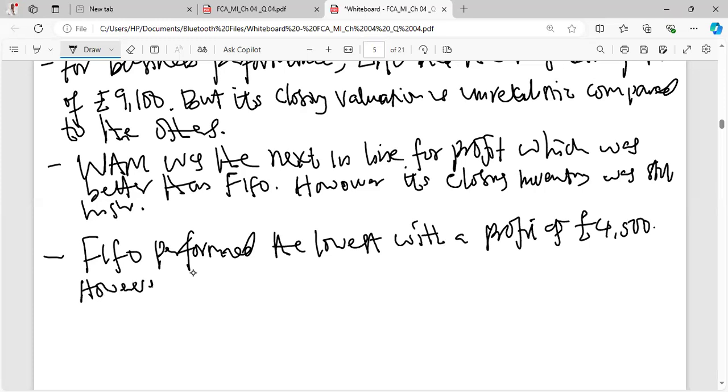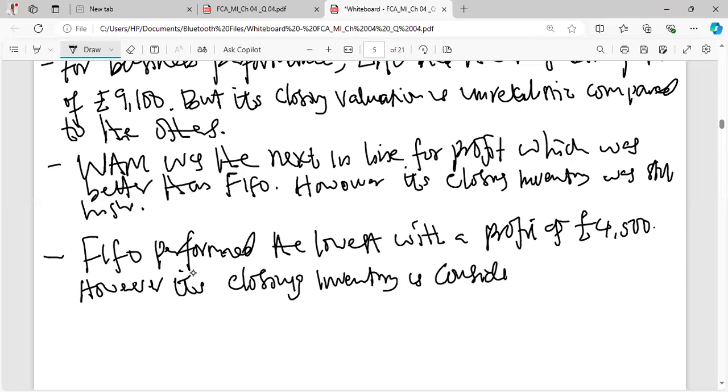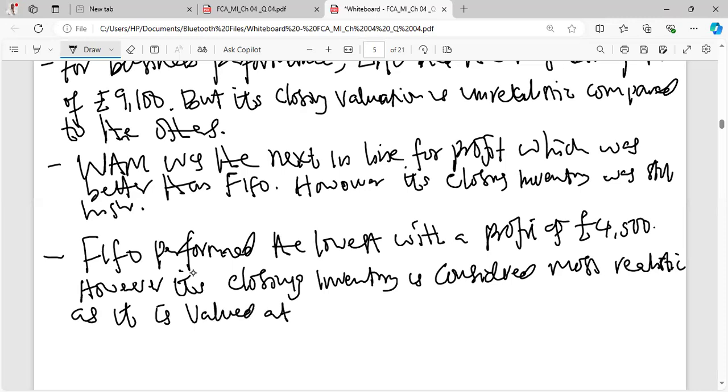However, its closing inventory is considered most realistic as it is valued at the lowest of all three methods.